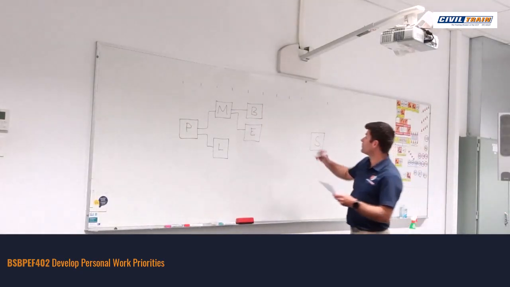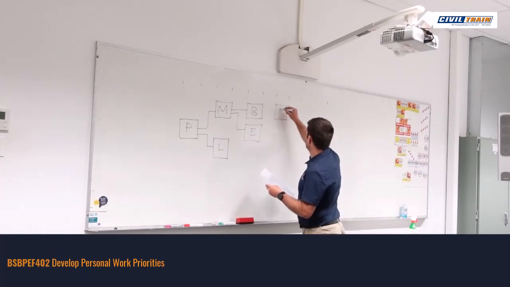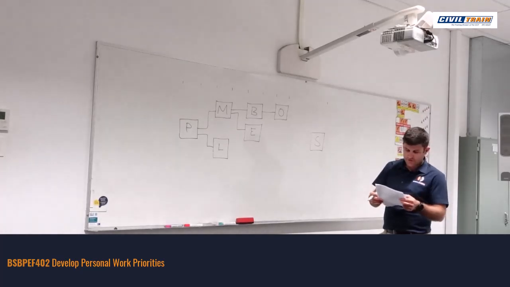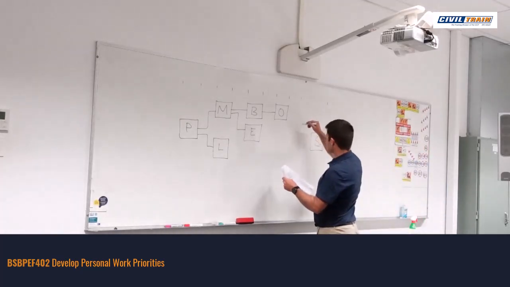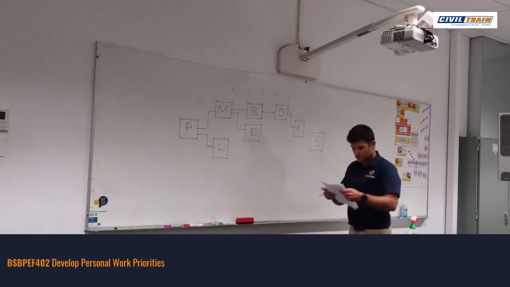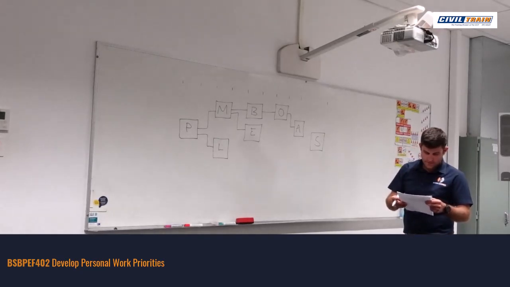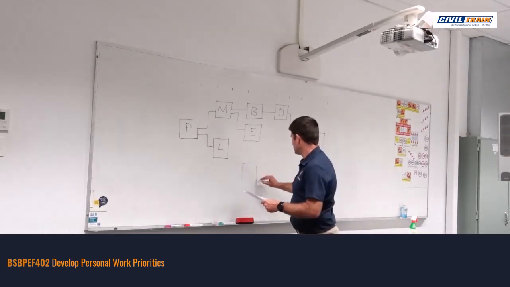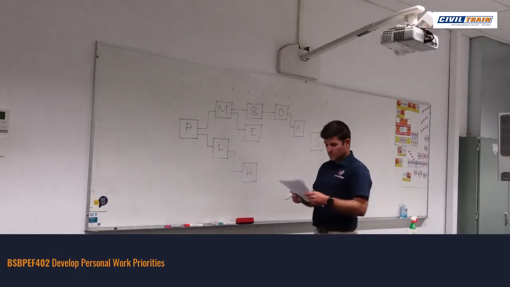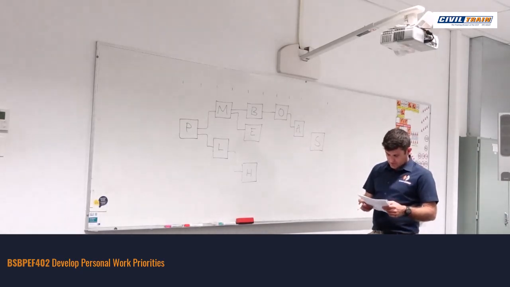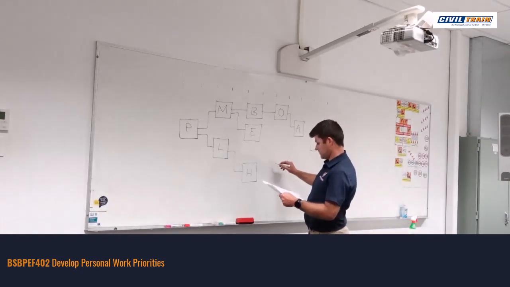B precedes O, so B's before O. A follows O. H follows L. M restrains the start of R, so M stops R starting, which follows the completion of H. That's a big one.